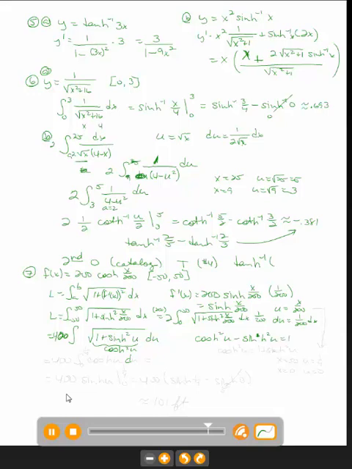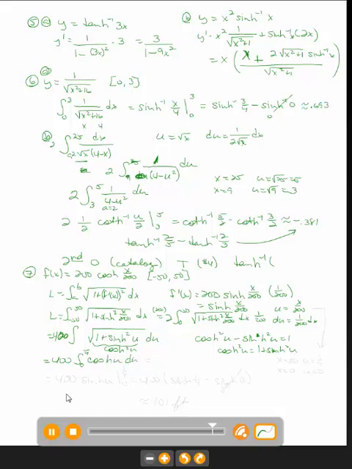So if I solve it, hyperbolic cosine squared of u is equal to 1 plus the hyperbolic sine squared of u, which makes that really convenient because then this piece right here turns into hyperbolic cosine squared, and the square root of that is just hyperbolic cosine. So I now have 400 integral hyperbolic cosine of u du.